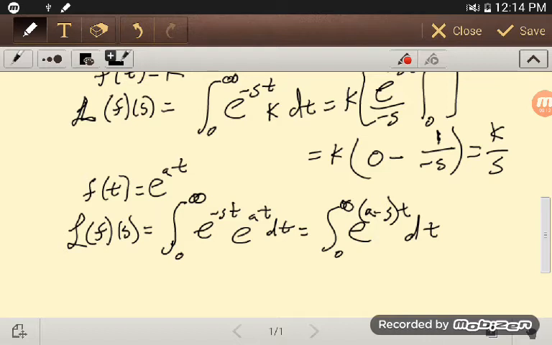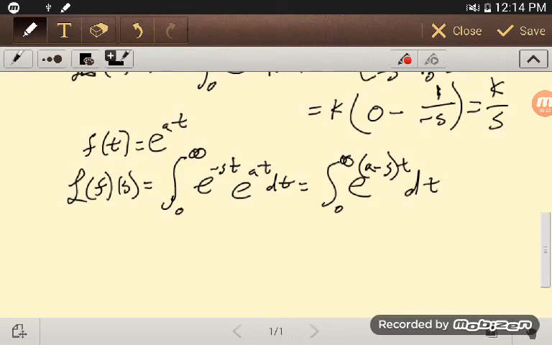Because when I multiply these two things, I add their exponents, so I'll have an at and a minus st, factor out the t, so I have that. And so now, again, it's an integration by substitution, basically. I have a constant out here, a minus s. So when I integrate, I will get e to the a minus s times t, all divided by a minus s.